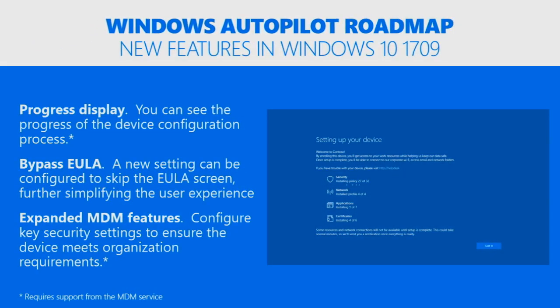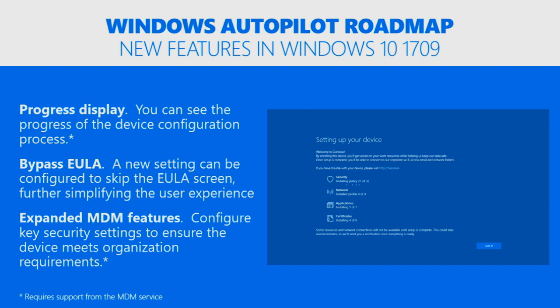Now we certainly have additional capabilities on the roadmap for Autopilot. Some of you may have seen one of them in the previous session this morning where Brad Anderson showed a device being set up by Intune and displaying progress during that whole process so that you know that the device is still being configured.